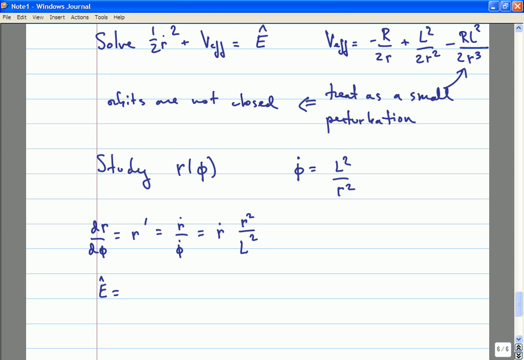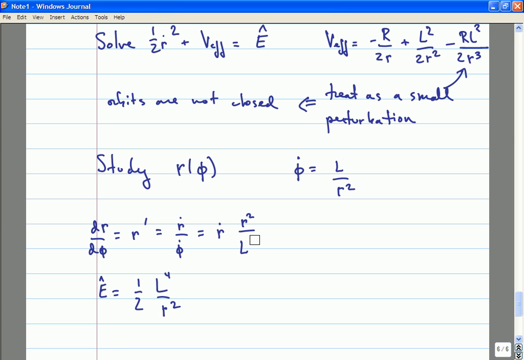Well, I just have 1/2 r dot squared, which is 1/2 L to the 4th over r to the 4th. Wait, there's no square there. You guys need to keep correcting me when I make mistakes like that.